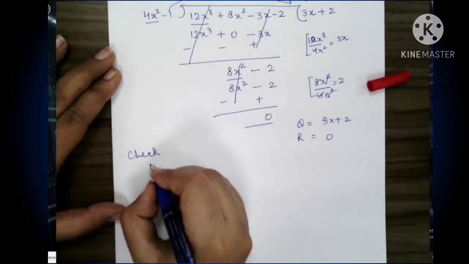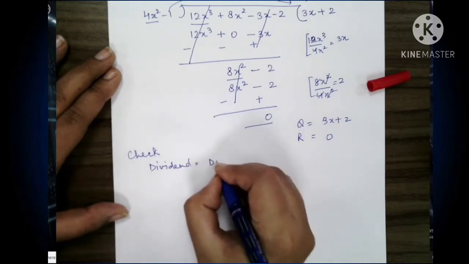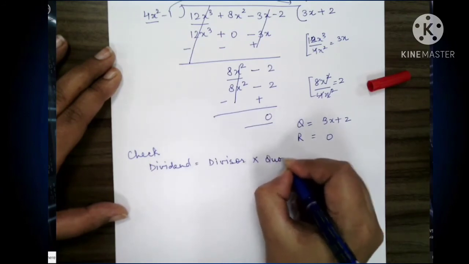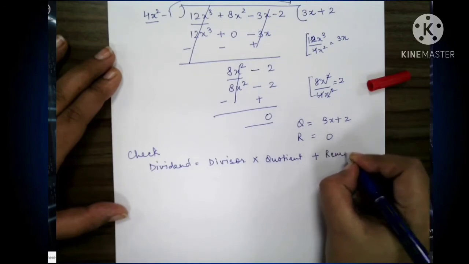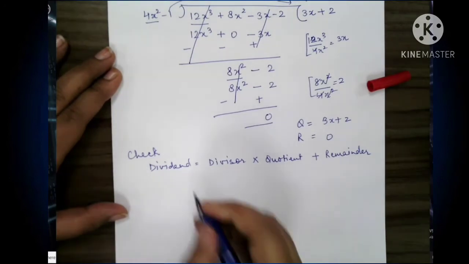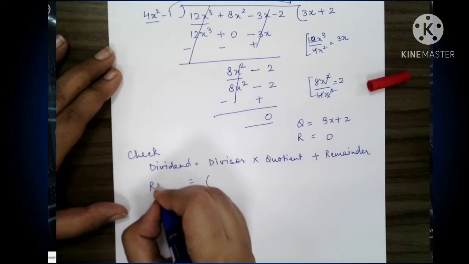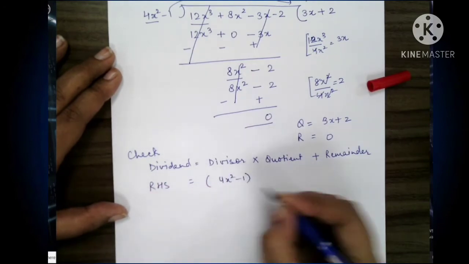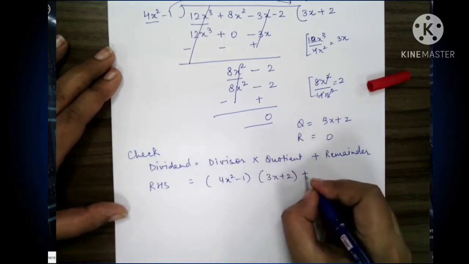First step, dividend is equal to divisor into quotient plus remainder. Now see, we are starting from this one. Divisor is 4x square minus 1, quotient is 3x plus 2 and the remainder is 0.